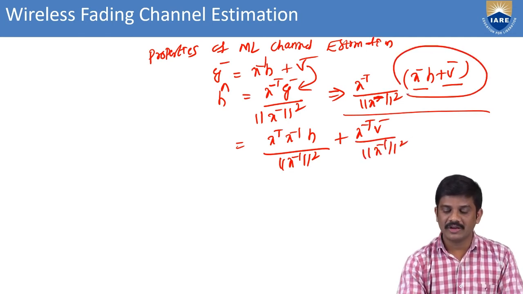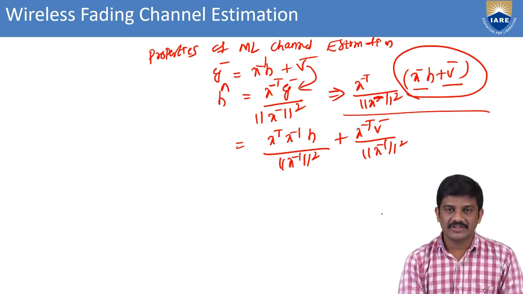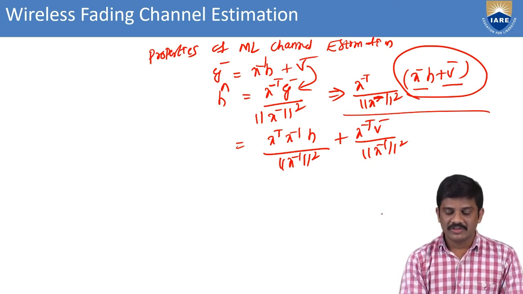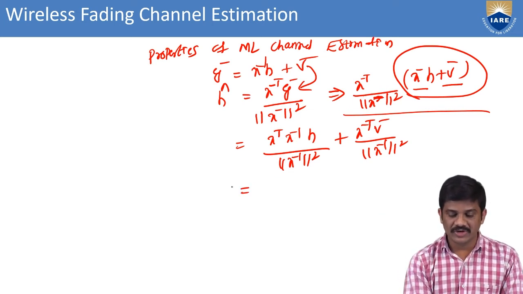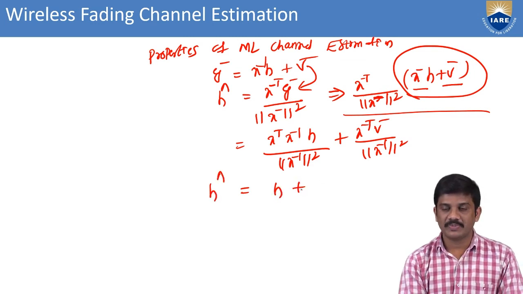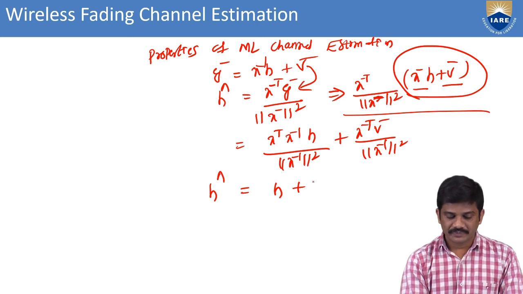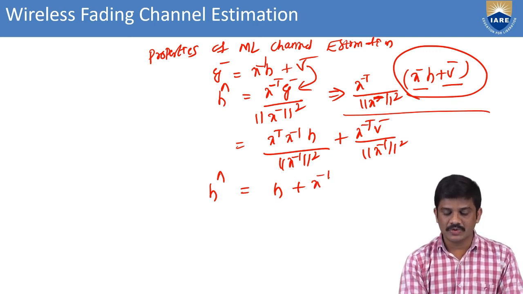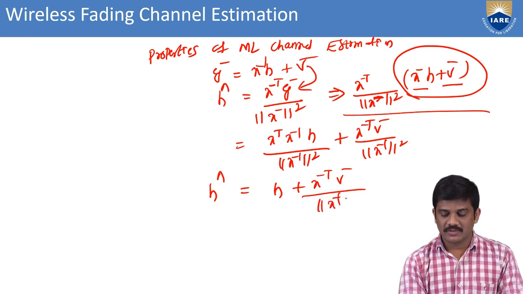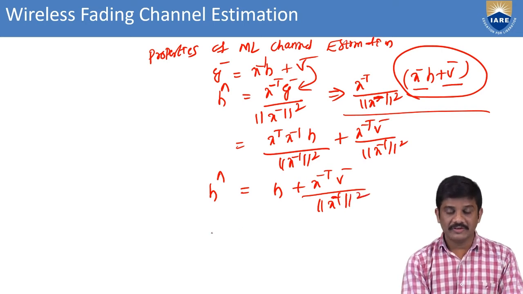From these two I can multiply with x bar, the x vector transpose, and then we get h hat equal to h plus x transpose v bar divided by the whole square.